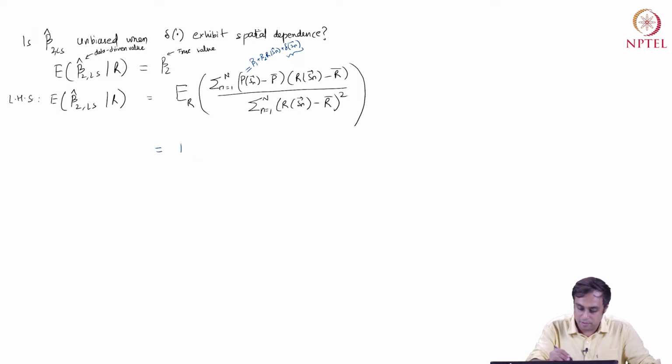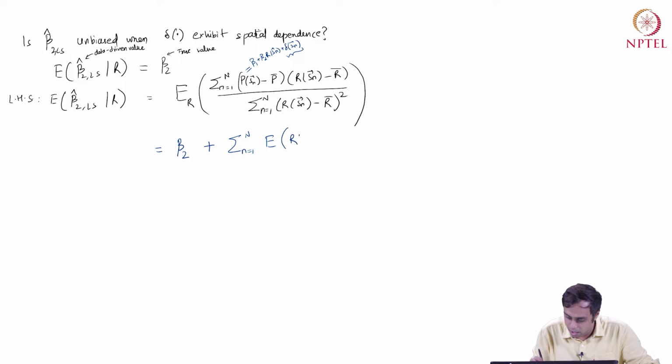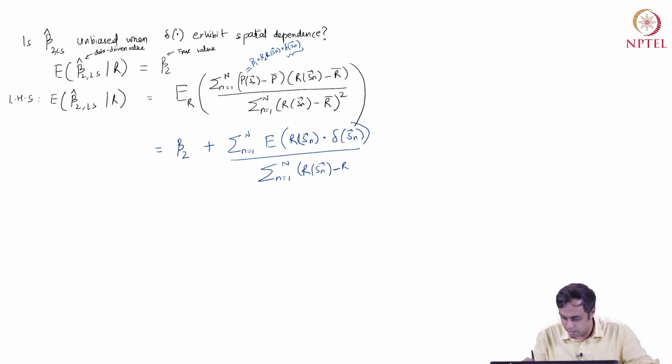We will have expectation of beta 2 hat LS is equal to beta 2 plus summation n equals 1 to N expectation of R Sn times delta Sn, divided by summation n equals 1 to N of R Sn minus R bar the whole squared.